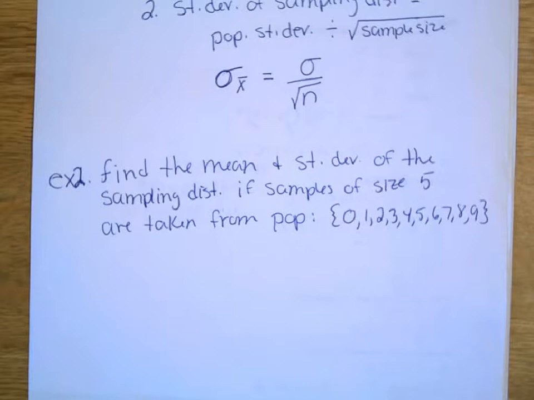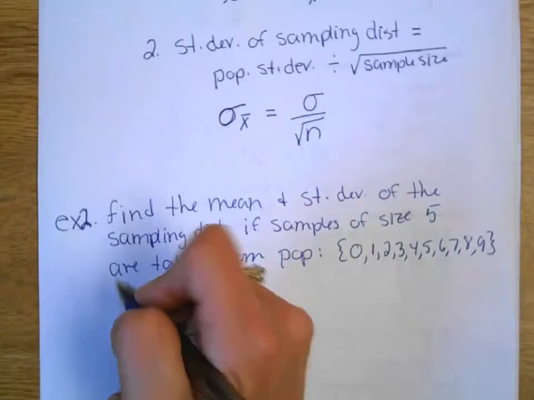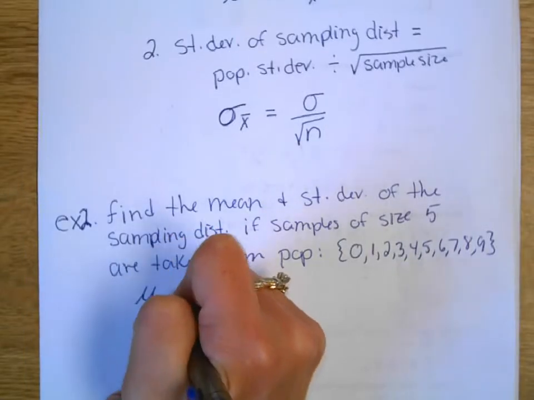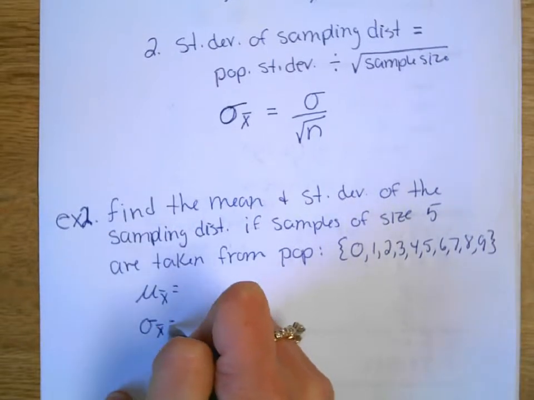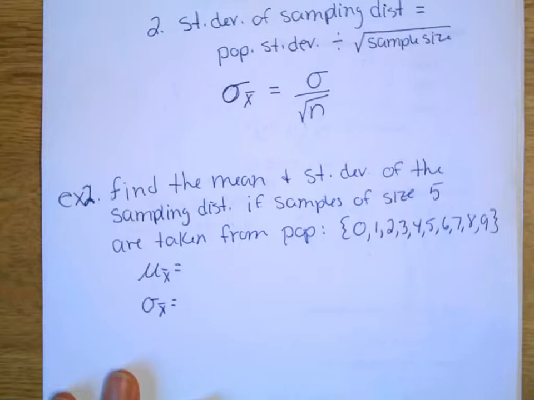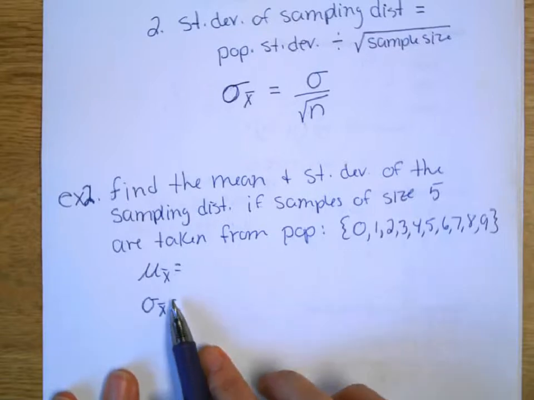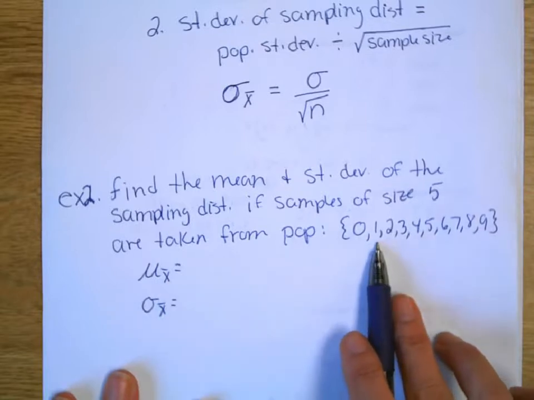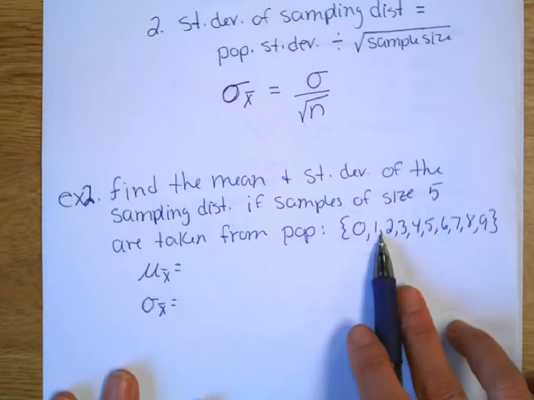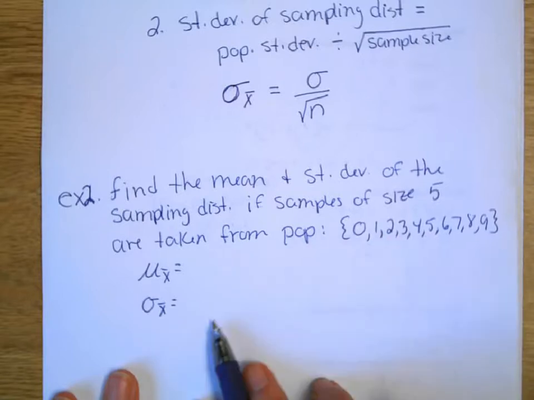Okay, so what we're looking for is the mean of the sample means and the standard deviation of the sample means. Well, we just found the two properties. Both of these values are directly related to the mean and standard deviation here. The means are equal, and this is a little division to get the standard deviation.